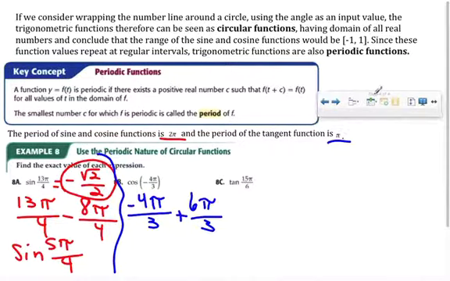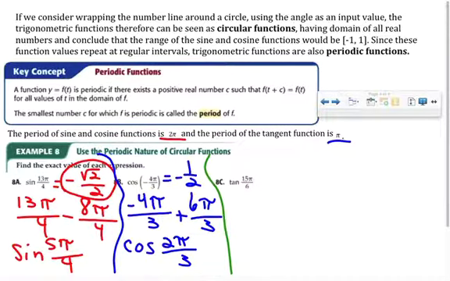And what I'm actually trying to find now is the cosine of 2 pi over 3. And the cosine is just going to be the x-coordinate at 2 pi over 3 on my unit circle. So 2 pi over 3 on my unit circle has an x-coordinate of negative 1/2. That, therefore, is my answer.